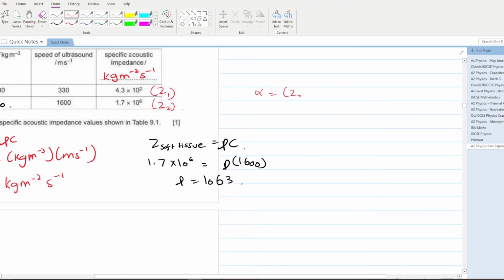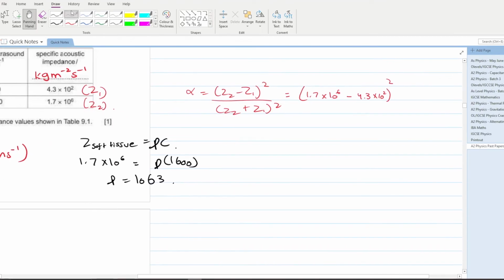Yes: (Z2 − Z1) whole squared divided by (Z2 + Z1) whole squared. Let's calculate this alpha.